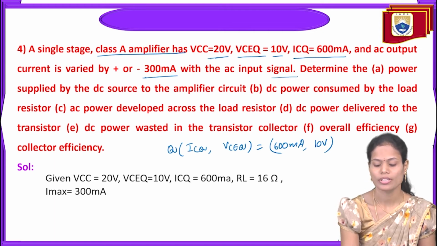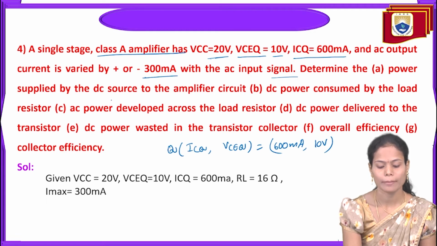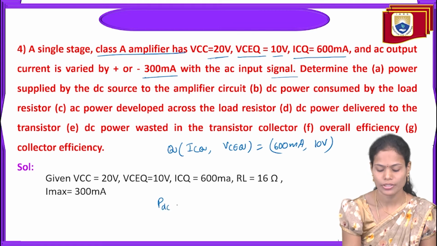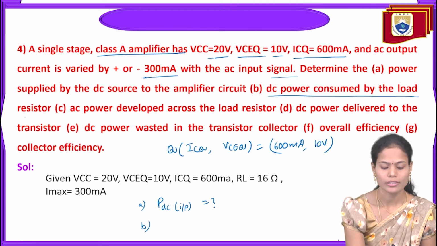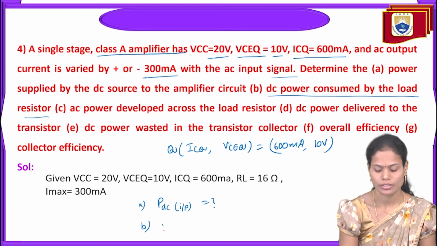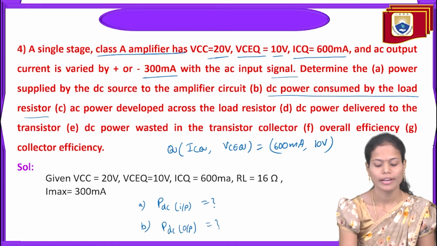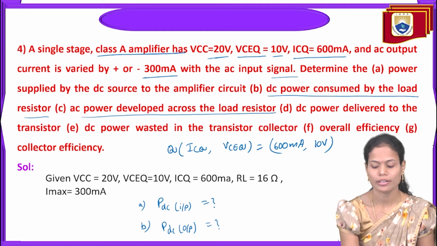From this, we have to find the power supplied by the DC source to the amplifier circuit. That is nothing but the PDC input power we need to calculate. That is the first bit. Next, the DC power consumed by the load resistor, which is the PDC output power. Next, the AC power developed across the load resistance, that is PAC.